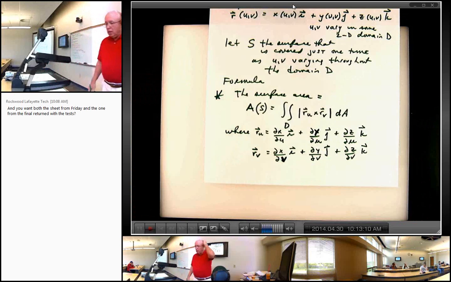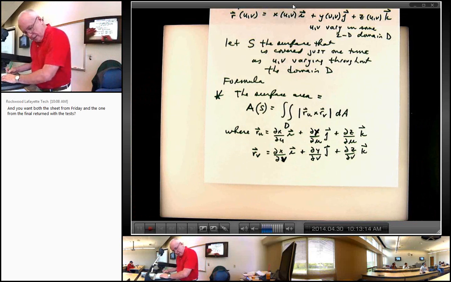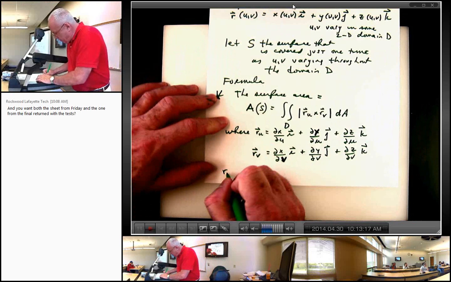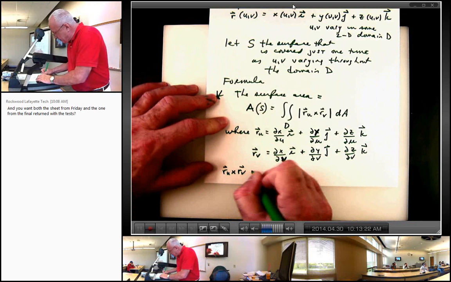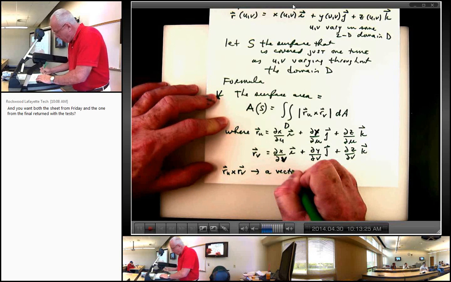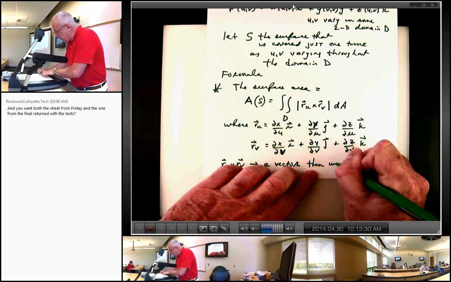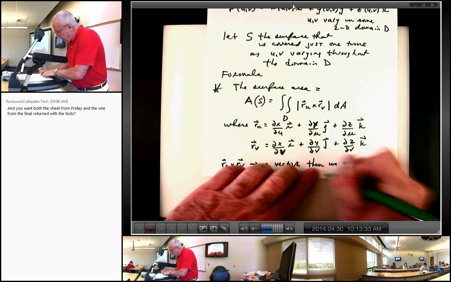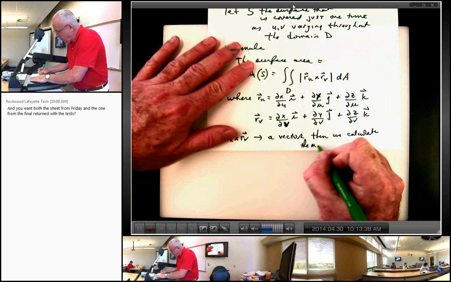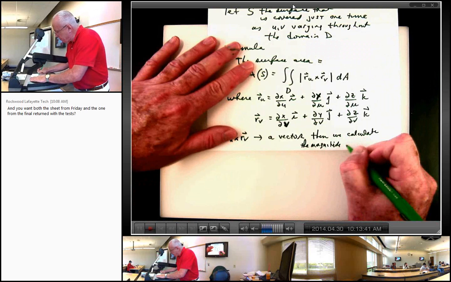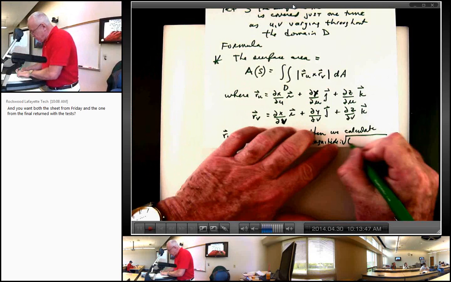Okay. So we have to calculate those two vectors, and then our cross product, that gives us a vector, and then we calculate the magnitude, which, remember, is the square root of the sum of the squares of the individual components.